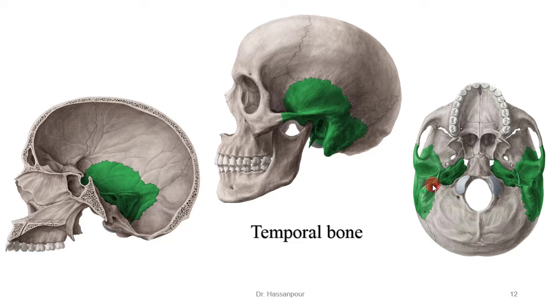Actually, these bones form the inferior lateral walls and part of the floor of the cranium. Each temporal bone has a complex structure composed of three parts: the squamous, tympanic, and petrous parts.